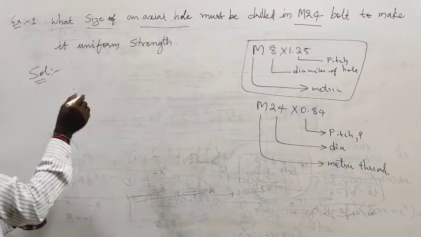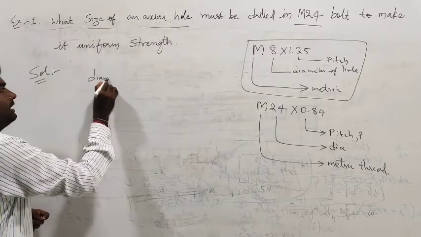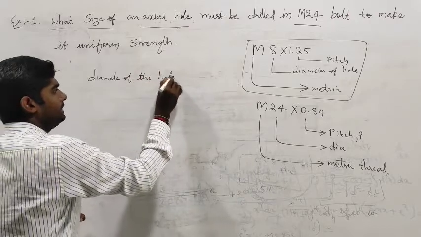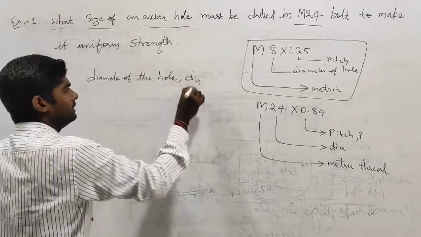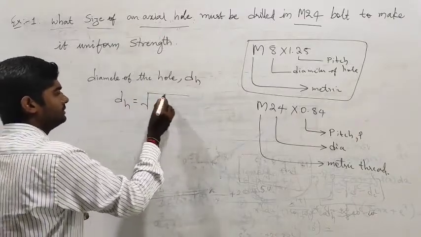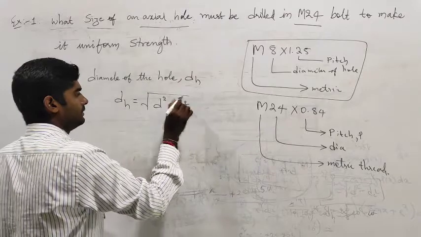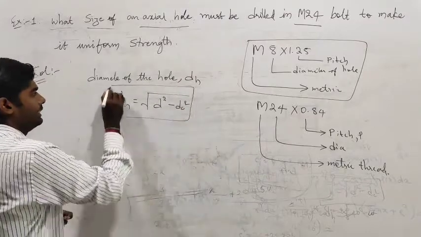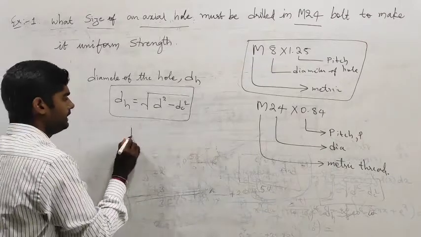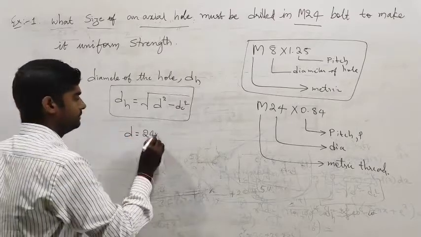Okay, in this question, first find out the diameter of the hole. Diameter of the hole is denoted by DH. DH is equal to under root D square minus DC square. In our question, D is equal to 24 mm.